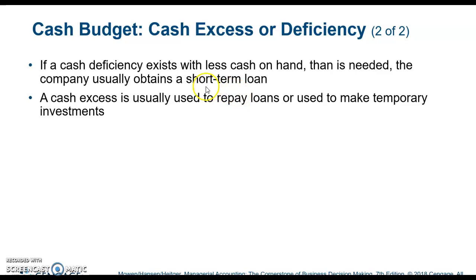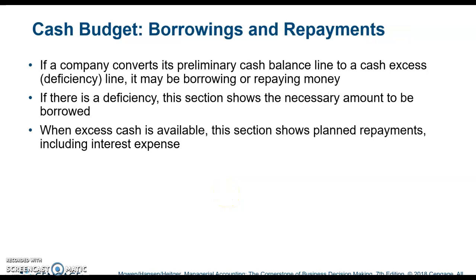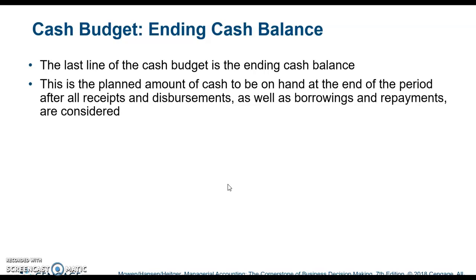Okay, we're going to have to get a new short-term loan or something, a line of credit with the bank where we can pull some of that out. If we happen to have a cash excess, then we may want to either pay off some previous borrowing, or we may want to invest in some short-term or long-term investments. Okay, and then the last line of the cash budget is the ending cash balance.